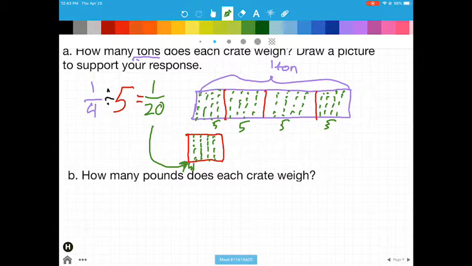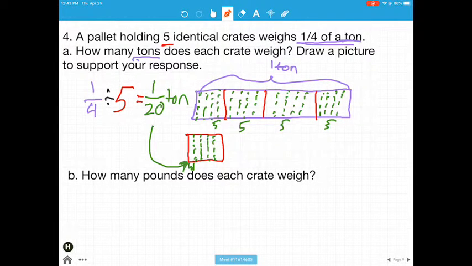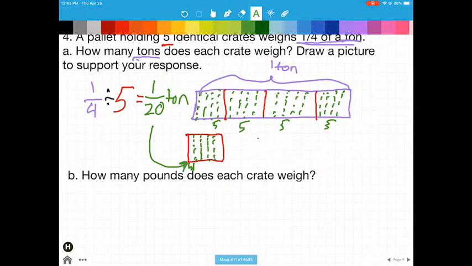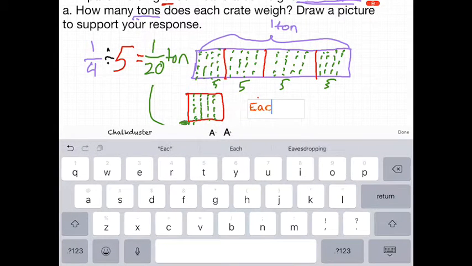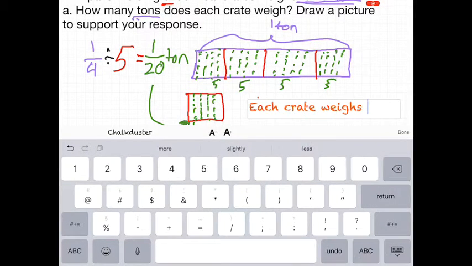Just one of these is 1/20th of a ton. And then of course we need to make sure we put our statement. How many tons does each crate weigh? So I'm going to write each crate weighs 1/20th of a ton.